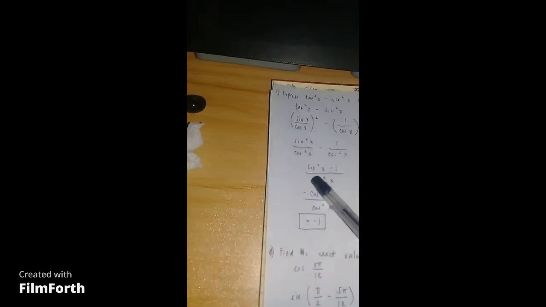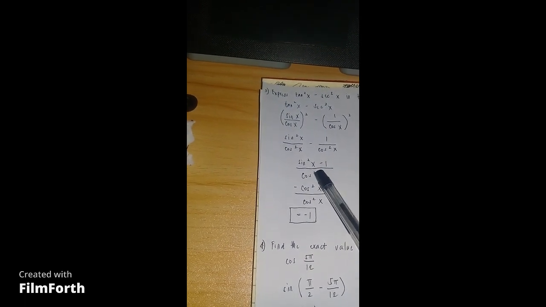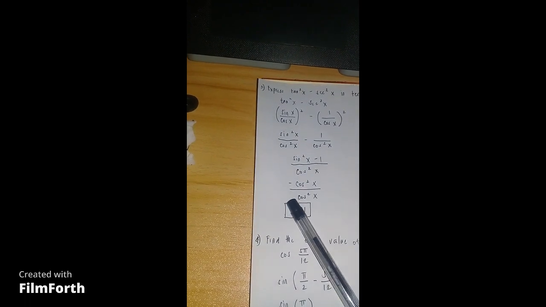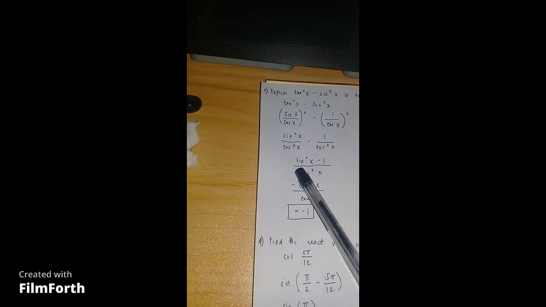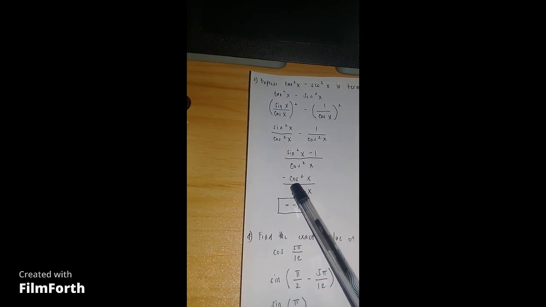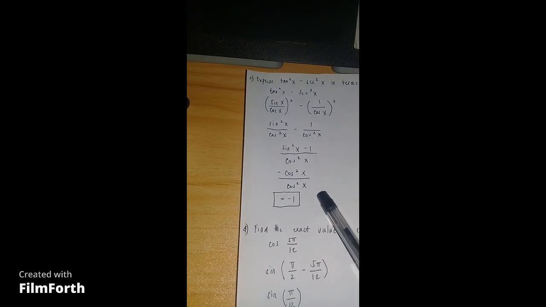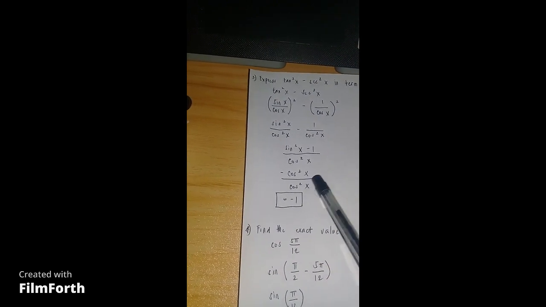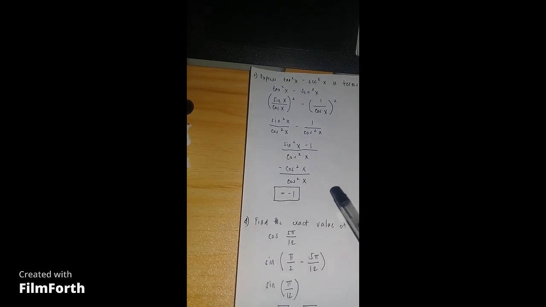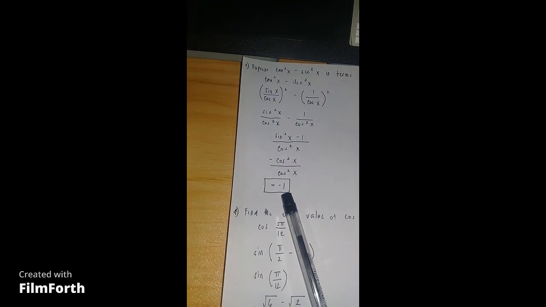So simplify: sin squared x minus 1, and copy the denominator. Sin squared x minus 1 is negative cos squared x, and copy the denominator. So negative cos squared x divided by cos squared x is equal to negative 1. So this is the final answer in number 3.